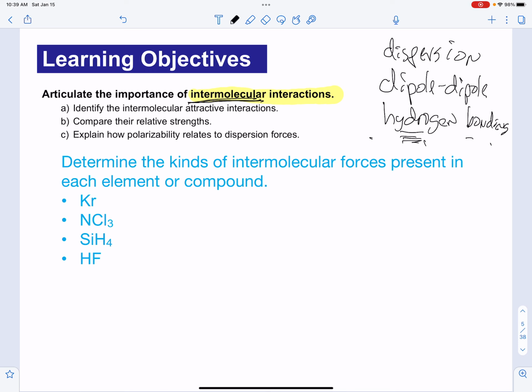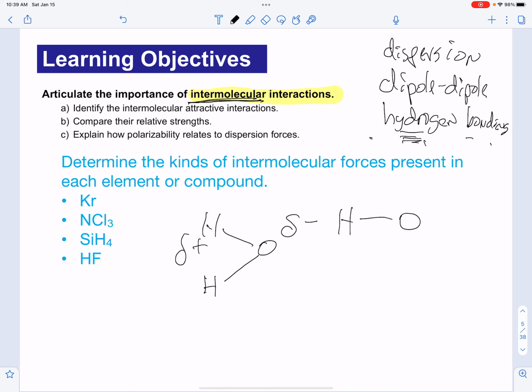So now we can draw water like this. If I have a molecule of water, we know that this is going to be partially negative, partially positive, and I have another molecule of water, partially negative, partially positive. We just brought into close proximity a partially negative to a partially positive, which means there's going to be a force attracting those two, which creates our intermolecular force.